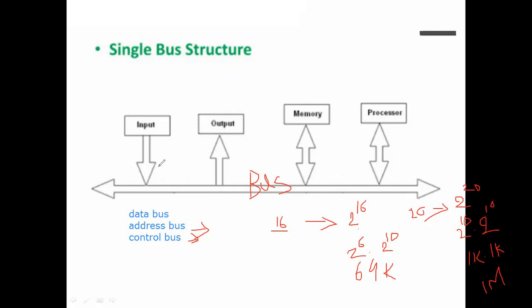Based on this, the devices connected to a bus vary widely in their speed of operation. That means the speed of operation will vary.